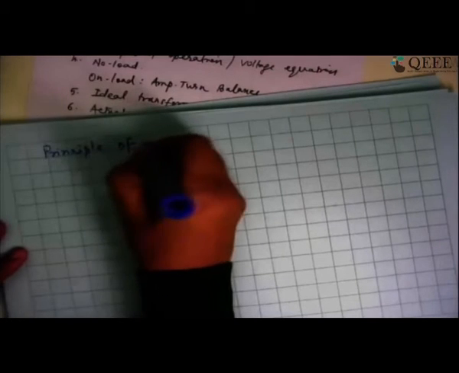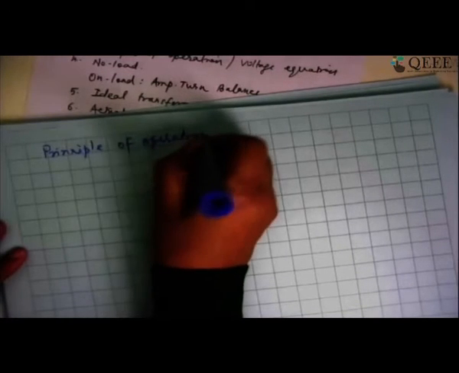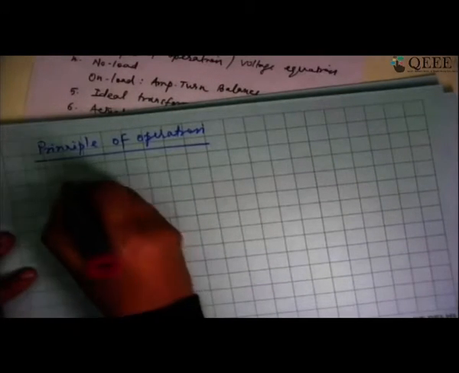So in the principle of operation of the transformer, let me assume a core type construction. I am looking at a core like this. I have put the primary winding here and I have applied a voltage of V1.